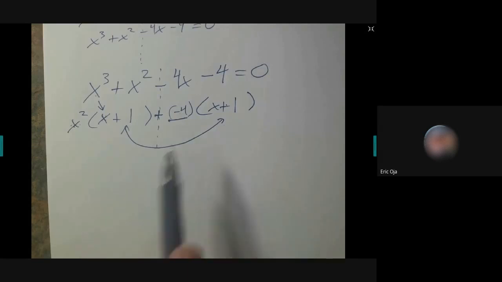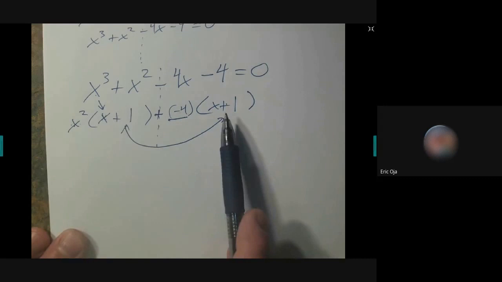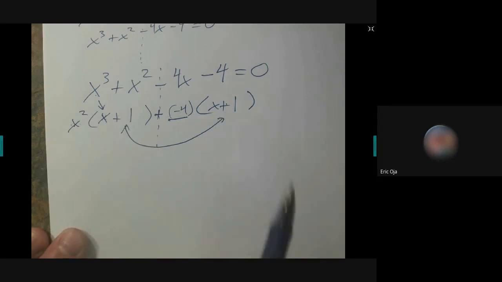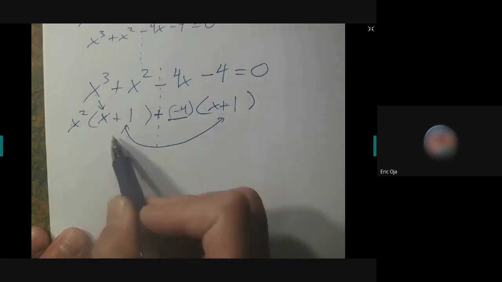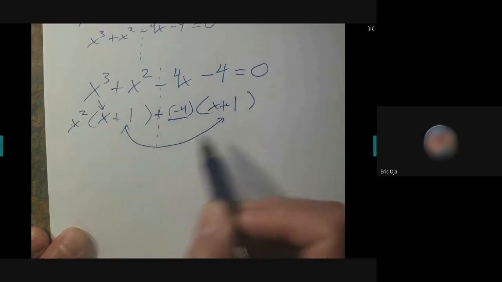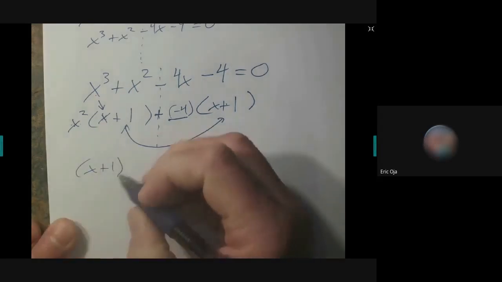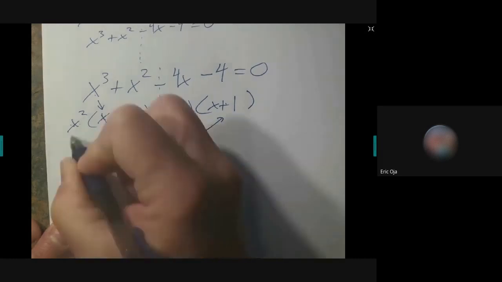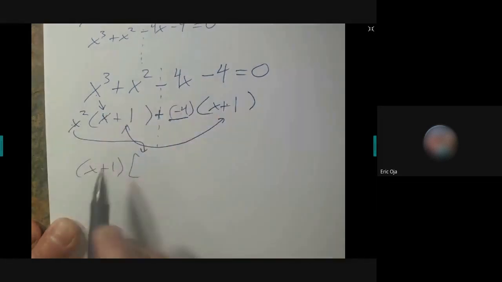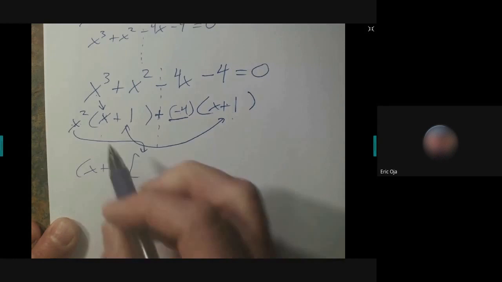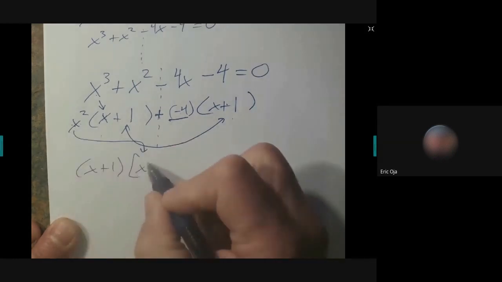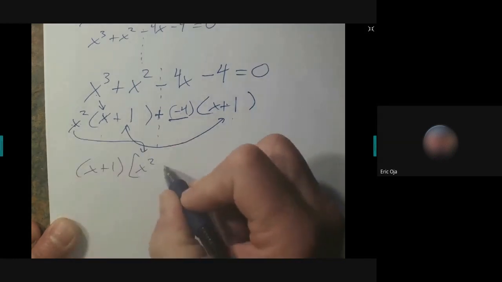Then, once I've got the same leftover factor, well, that's a common factor. So I could undistribute that from group 1 and group 2. And I'm left with x plus 1 times, when I undistribute the x plus 1, my first group only has an x squared left.